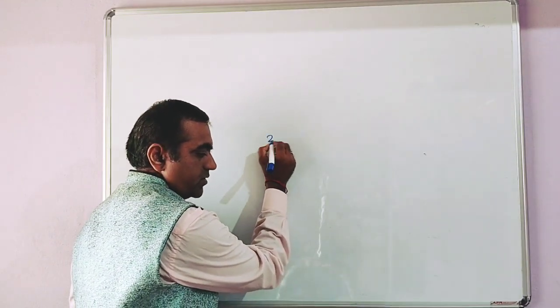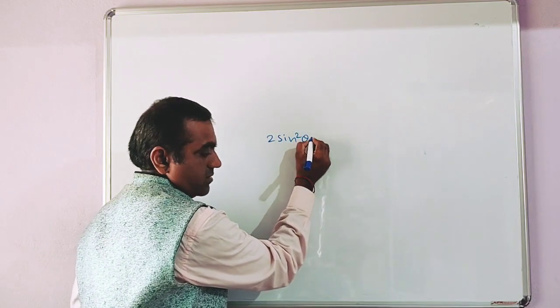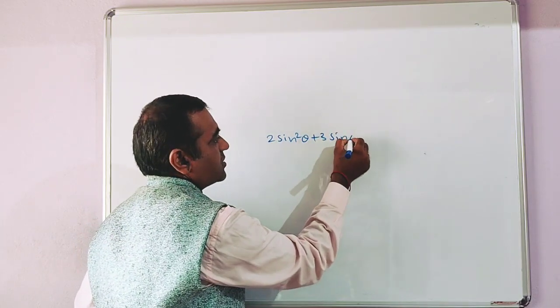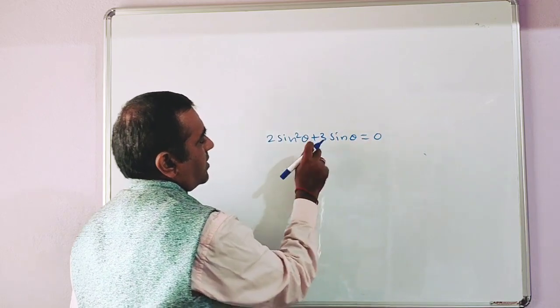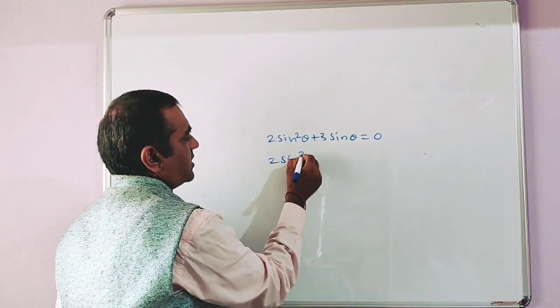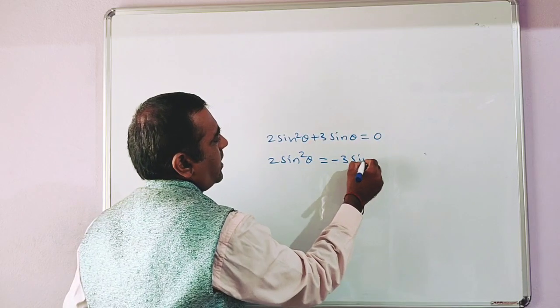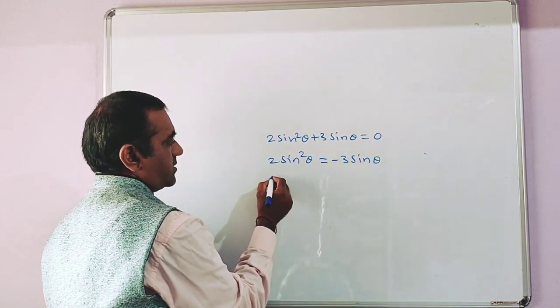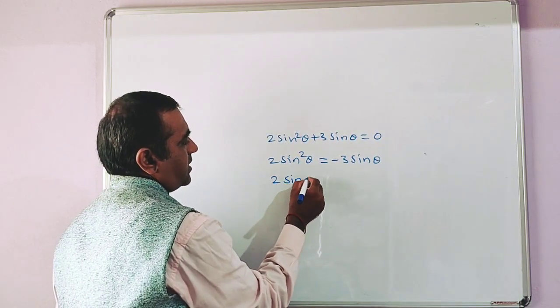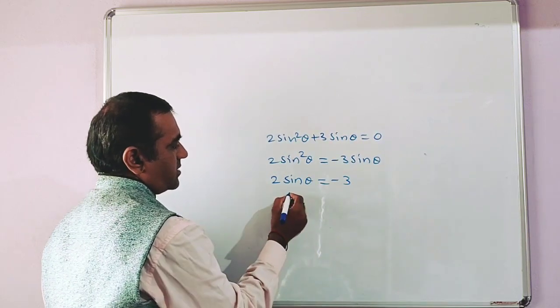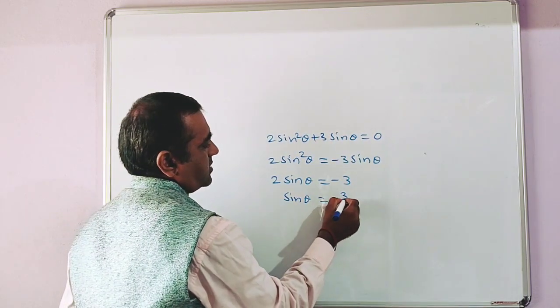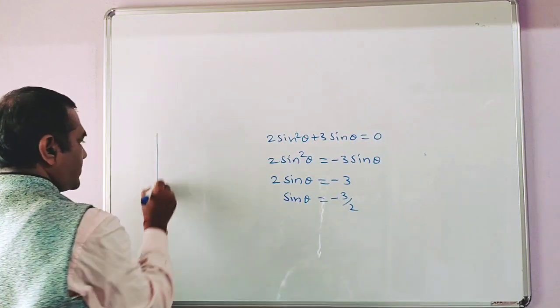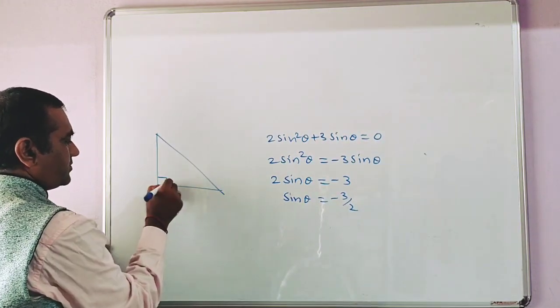Now, 2 sin square theta plus 3 sin theta is equal to 0. You can use it like this also. Sin square theta is equal to minus 3 sin theta. Sin theta divided by sin theta, then this will be minus. Sin theta is equal to minus 3 by 2.